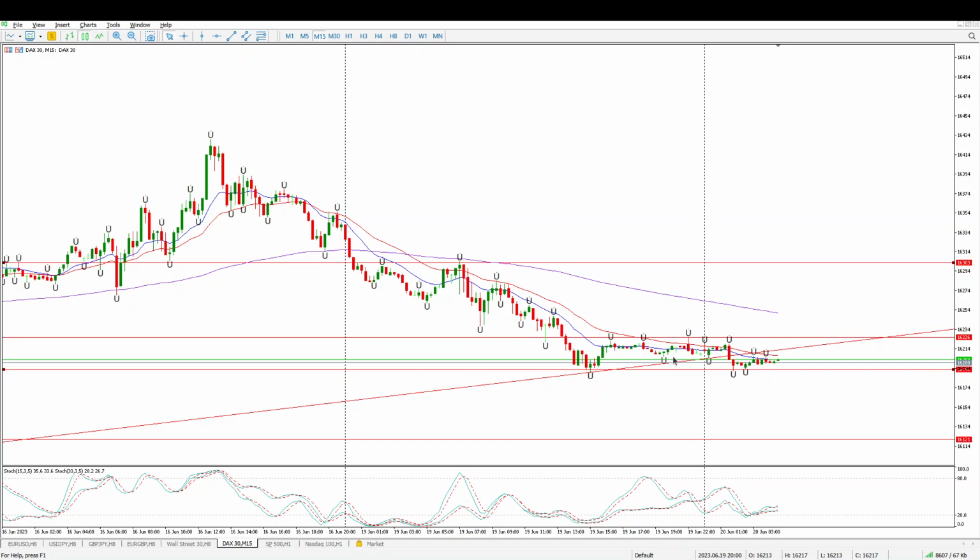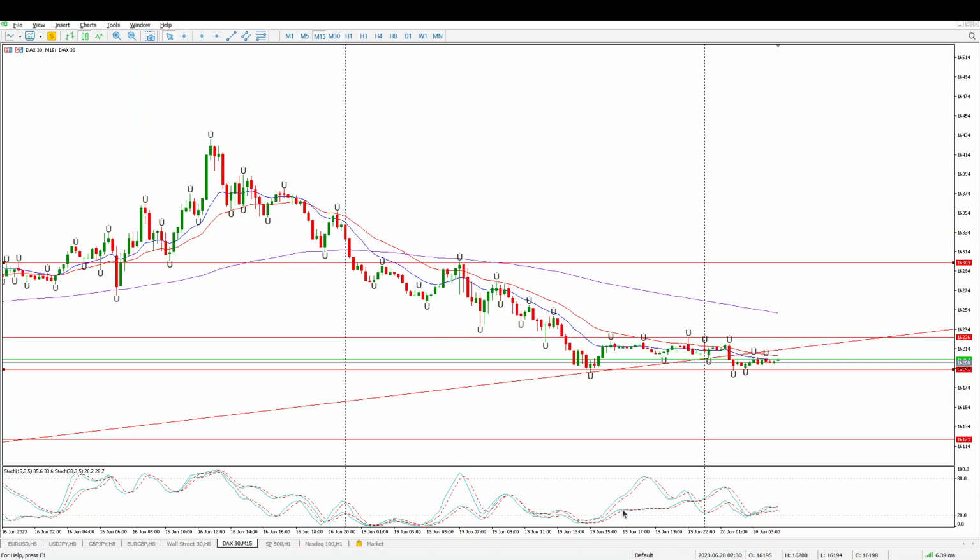I think the structure to the left is strong enough, but I wouldn't want to be jumping in down here, because it could be a quick squirt down and then a move up. So I suspect what you want to be doing is watch 16,226. A break and retest of that gets you going long, and you're looking for your first target at 16,300. Bear in mind that all these tails could offer some form of support as well.